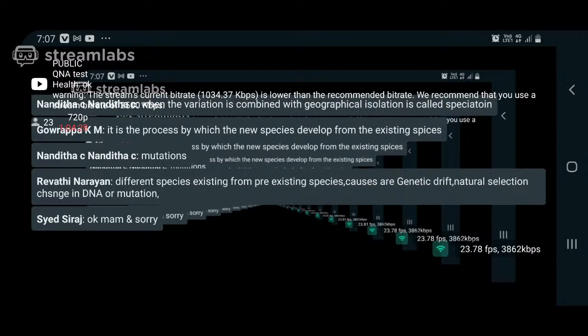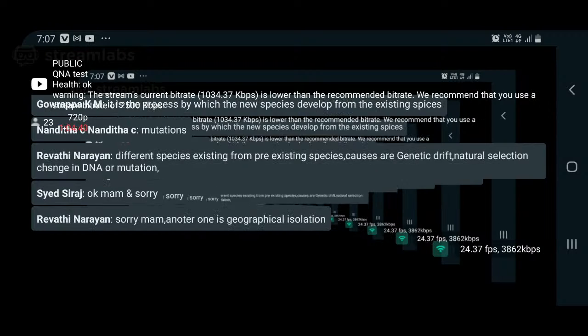Ruxana, no need to feel sorry. It is change in DNA, not just DNA. Okay. Yeah, okay, Revati. Geographical isolation is also one of the causes for speciation. Good.